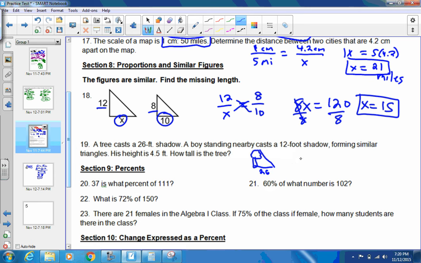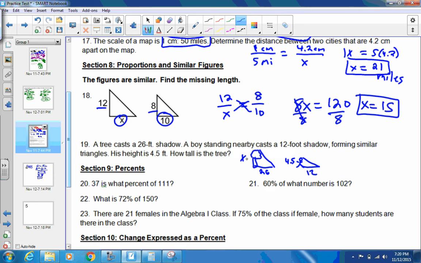A boy standing nearby, so here's our little boy here, standing nearby, casts a 12-foot shadow, forming similar triangles. So they'd be similar triangles since the sun is coming from the same place. His height is 4.5 feet.